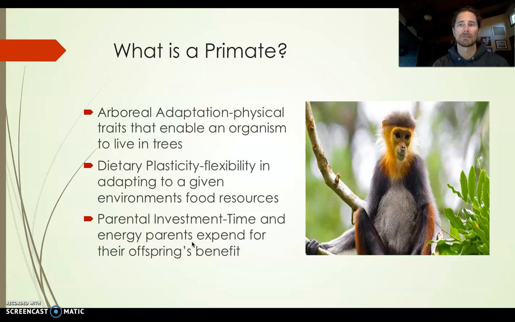Essentially, we can eat kind of everything on the planet that isn't poisonous to us. And even things like acorns that have a lot of tannins that would make us throw up, we leach the poison out of them in order to eat them. So dietary plasticity is going to come in as a major component to primates and also the development of Homo sapiens when we move into human evolution.